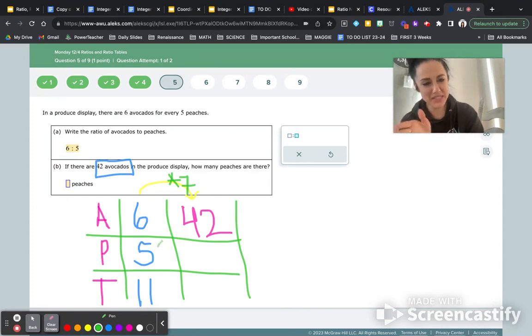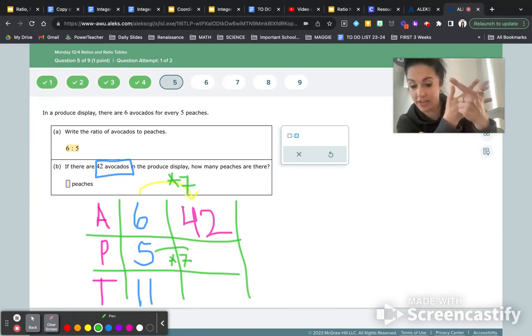Then whatever I do to the 6 to get to 42, I have to do to the 5 to stay proportionate. So now I'm going to take 5 times 7. What is 5 times 7? 5, 10, 15, 20, 25, 30, 35, right? So I'm going to put 35 here.